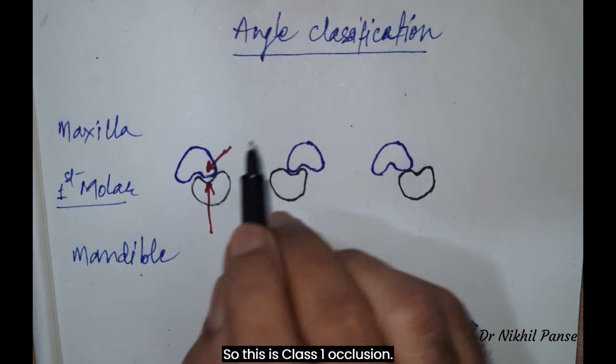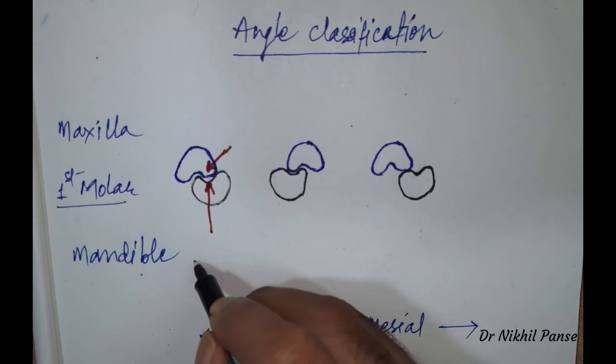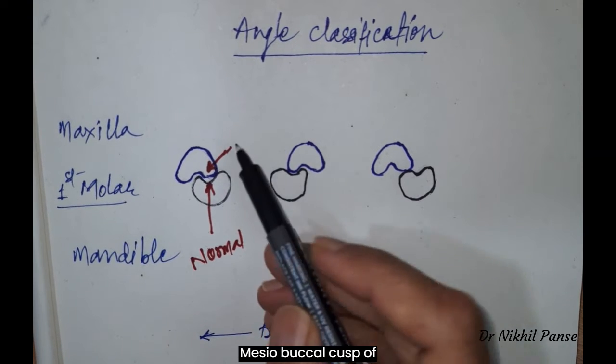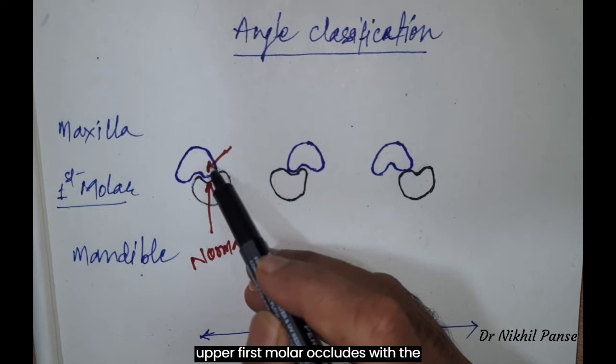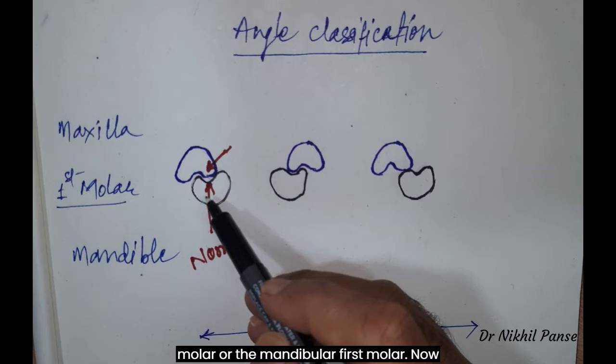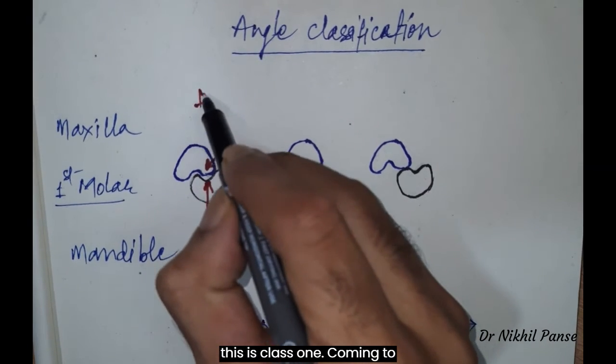So this is class 1 occlusion. We can also call it normal. Mesiobuccal cusp of upper first molar occludes with the mesiobuccal groove of the mandibular first molar. Now this is class 1.